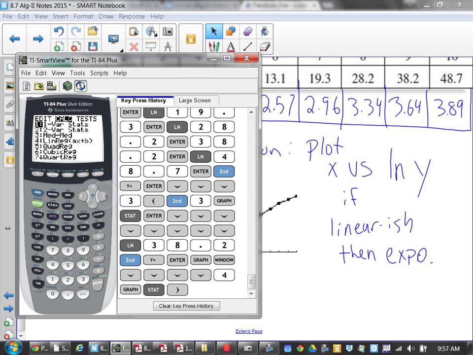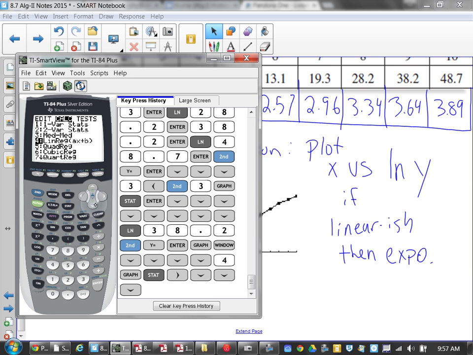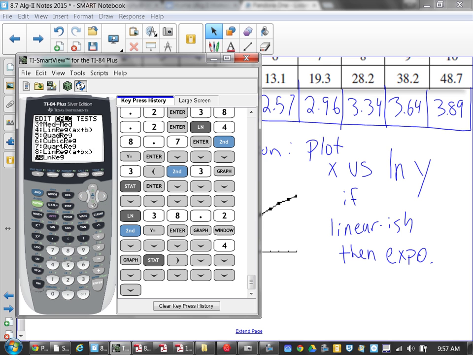Stat, calculate. Where's the F code? It's zero. This defaults back to your two lists that you had, your X, or your L1 and L2, which is what you wanted to do.